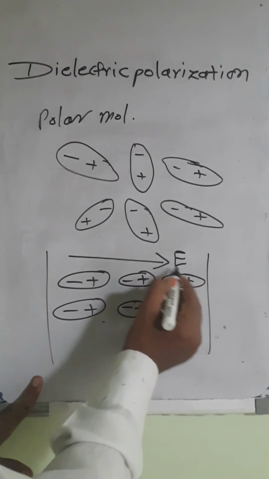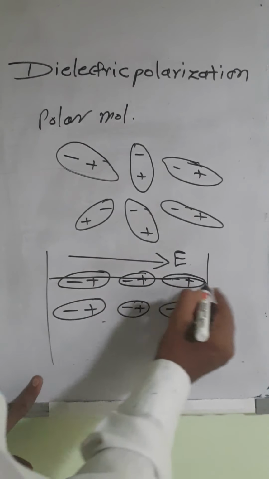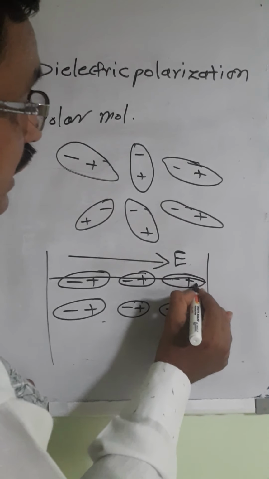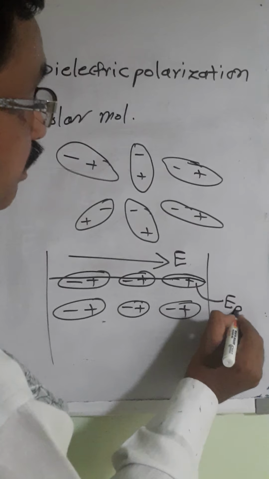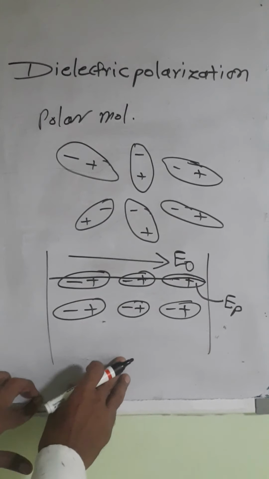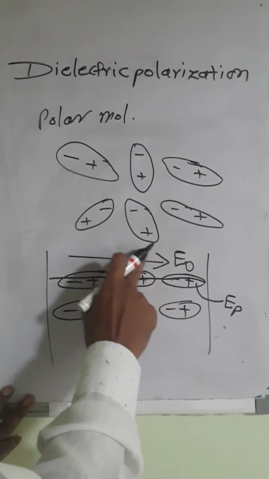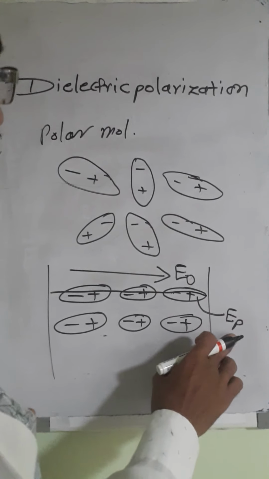So this also represents one line, and there is the polarization electric field, denoted by EP. And whatever was initially applied is E0. So E0 is the applied electric field, and here is the polarized electric field.